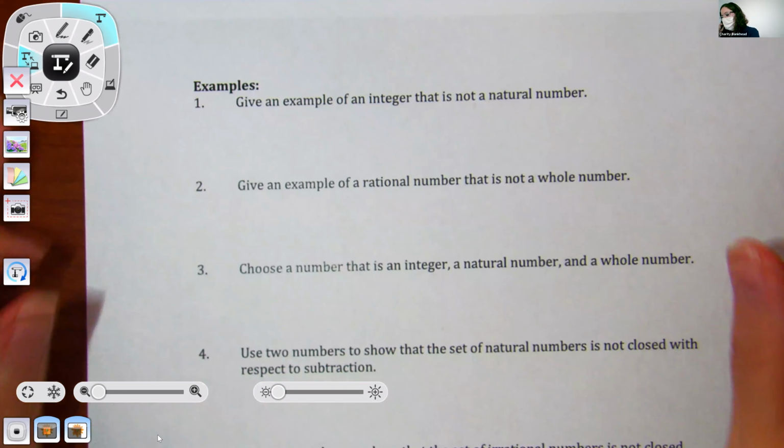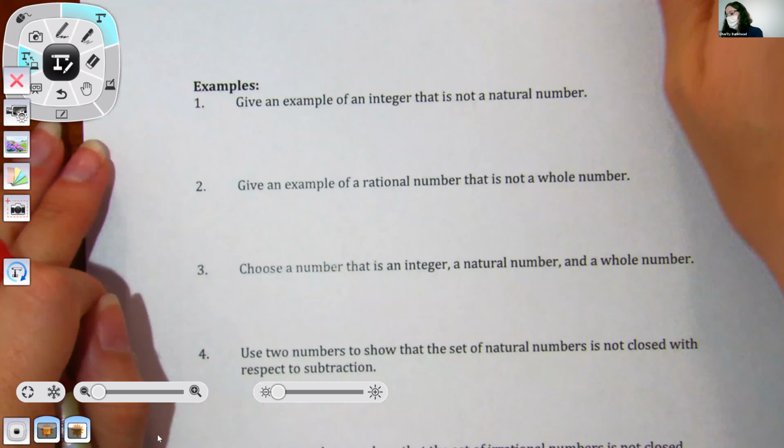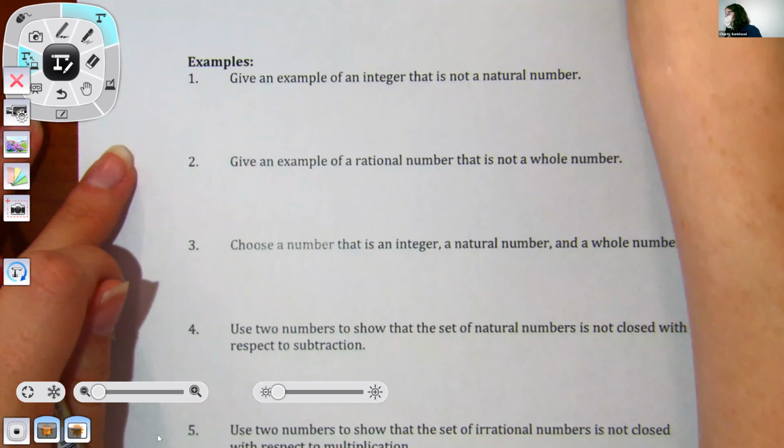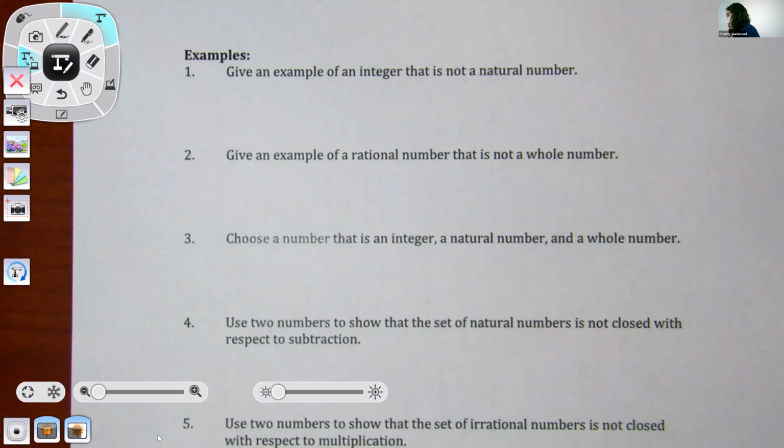All right, let's give some examples of an integer that is not a natural number.